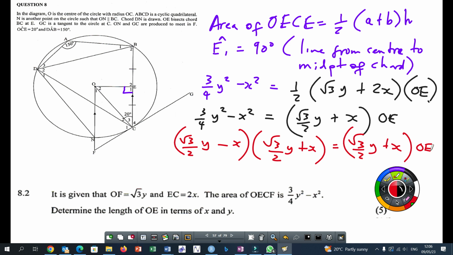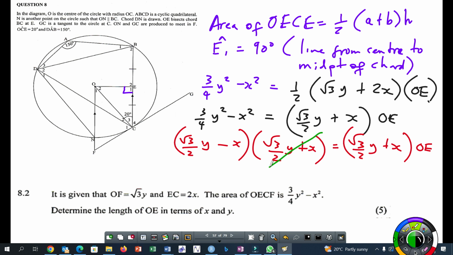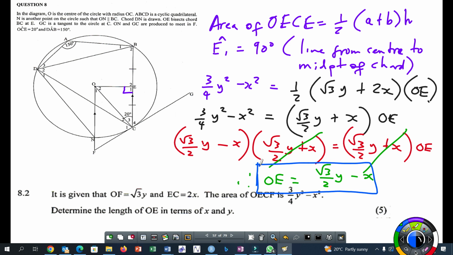Yes. Now I'm sure you can see that on both sides this expression appears. Therefore, OE is going to be equal to the square root of 3 over 2y minus x. So this is your answer for OE.